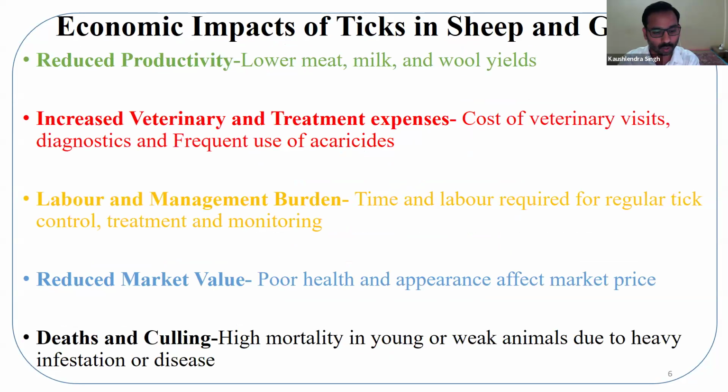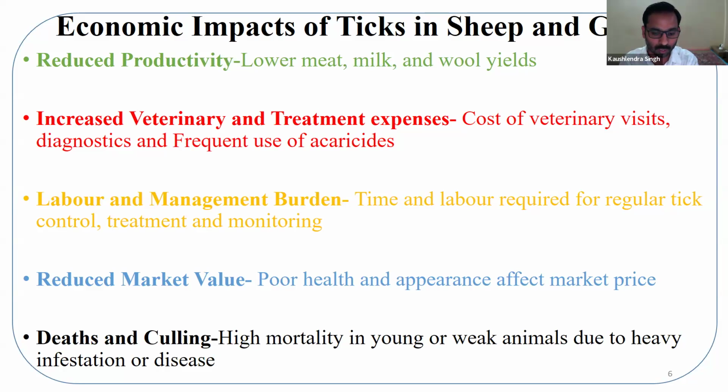Come to the economic loss. They reduce productivity by lowering the meat, milk, and wool yields, and increase veterinary and treatment expenses: the cost of veterinarian visits, diagnostics, and frequent use of acaricides.